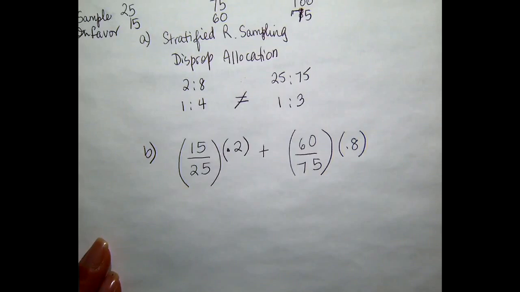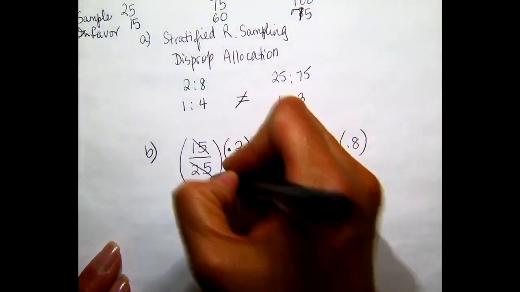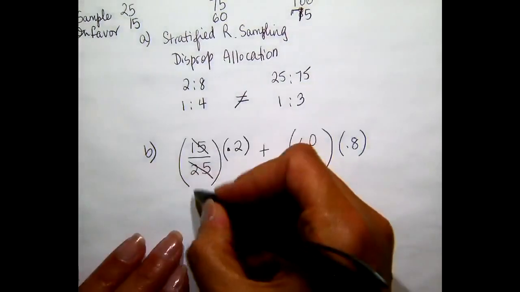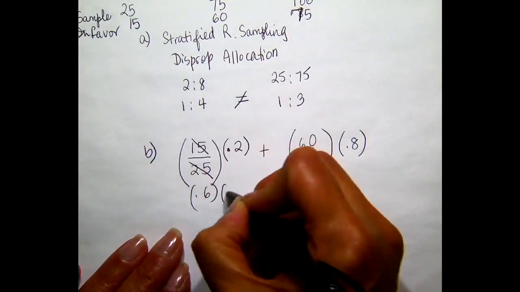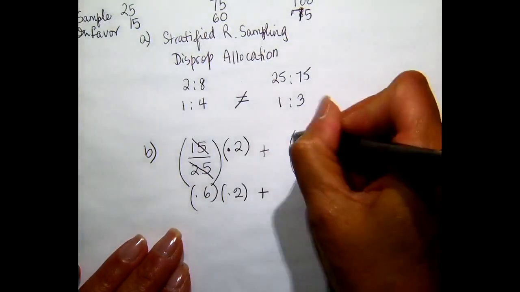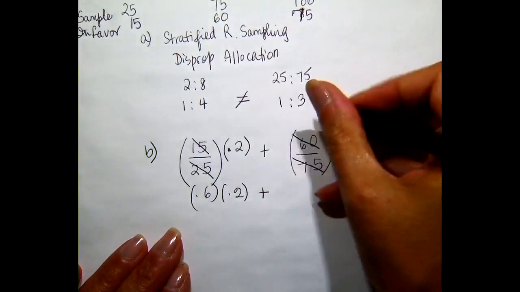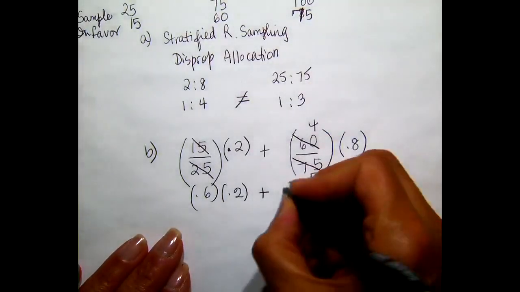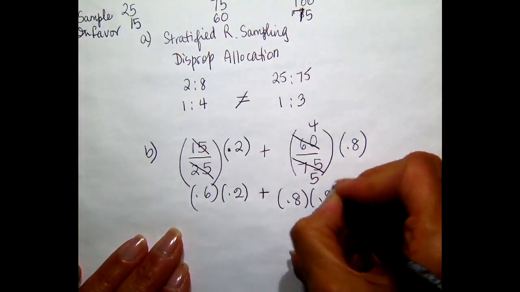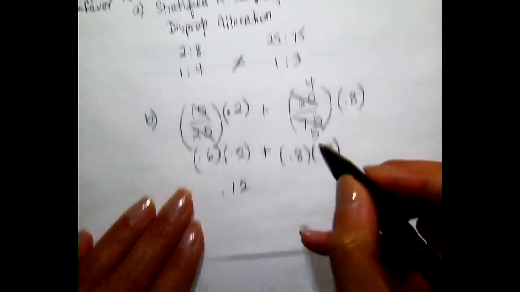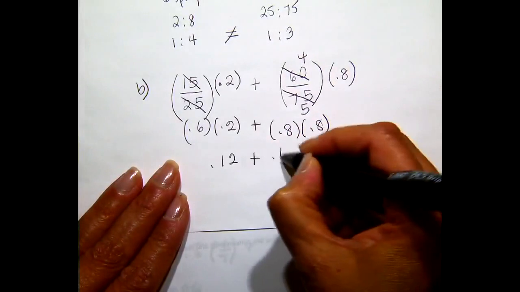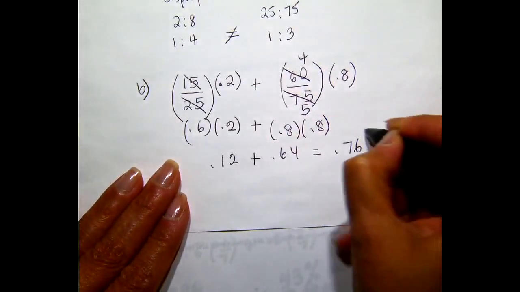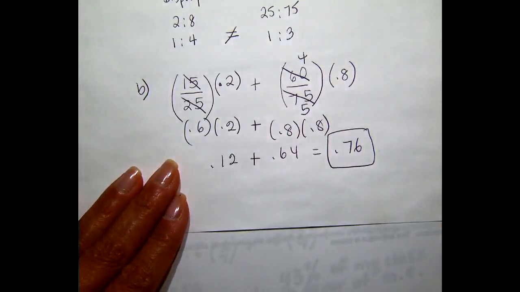So what do you get? This looks like it's 3 out of 5, which is 0.6, times 0.2, plus 15 4s are 60, and 15 5s are 75, so 0.8 times 0.8. So 0.12 plus 0.64 gives me 0.76. That's my final answer.